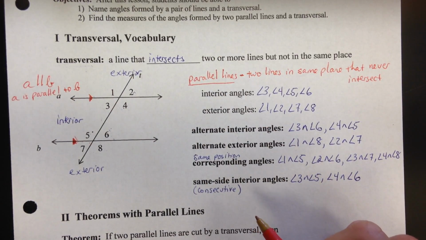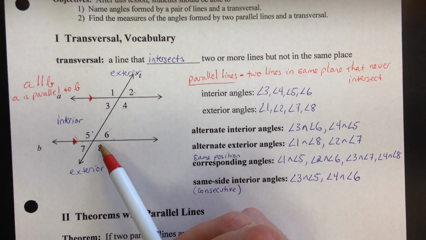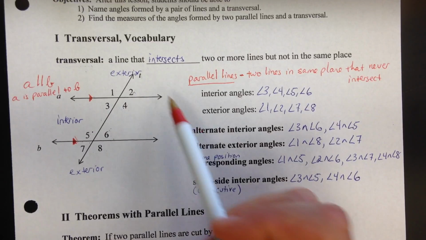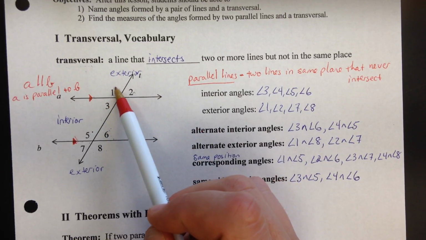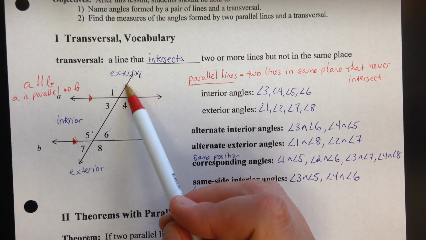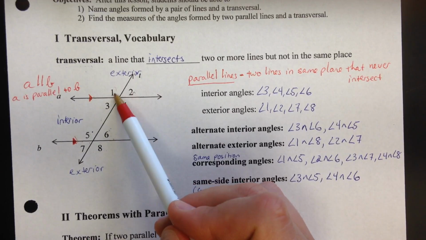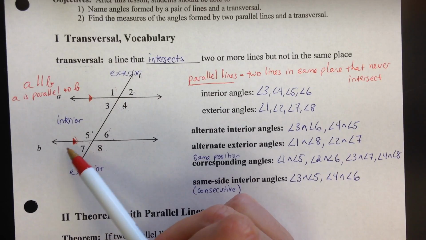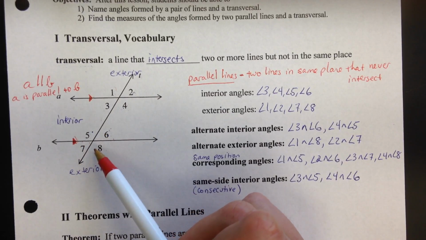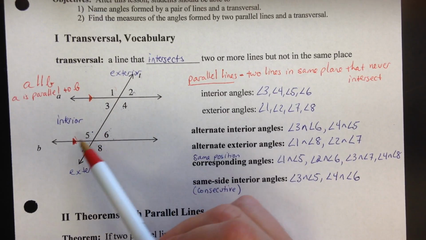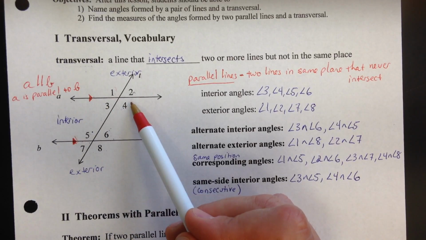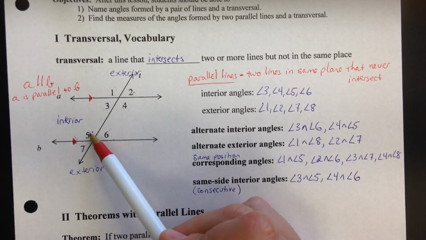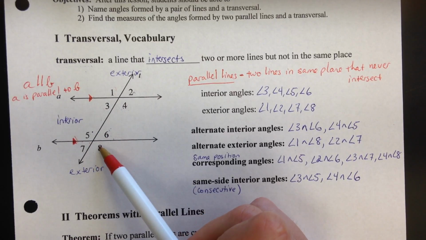Now something interesting happens when you've got two parallel lines and the angle measures. For example, if you look at angle 1, when this line intersects line A it creates angles 1, 2, 3, and 4. When this line intersects line B, it creates 5, 6, 7, and 8. But notice that because A and B are traveling in the same path, when line T intersects them, basically it's creating the same four angles.